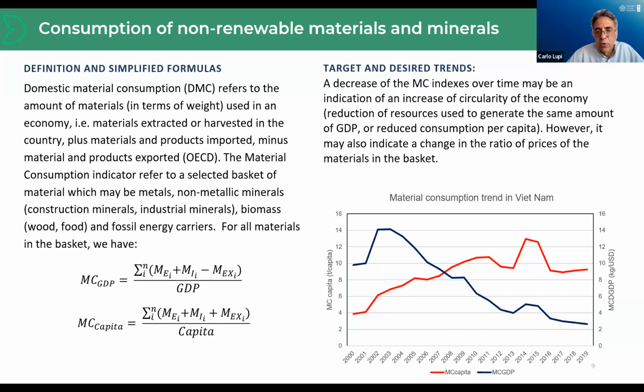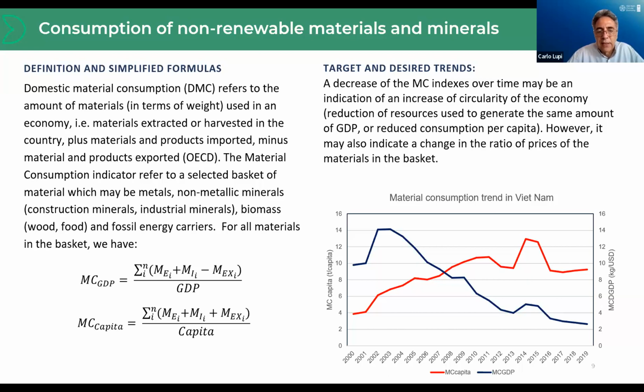Here, instead, I'm reporting the data calculated on the basis of the OECD data, and making the calculation in two ways. One way is per GDP unit, and another way is per capita.